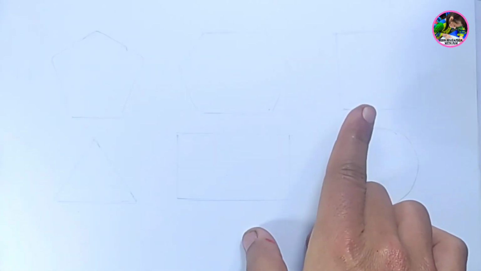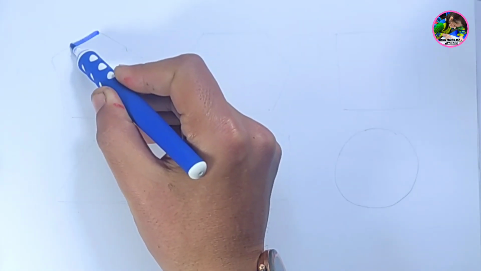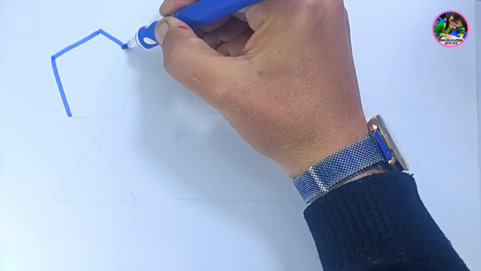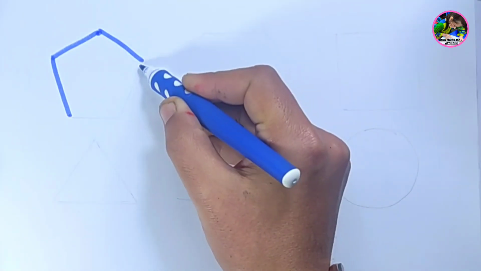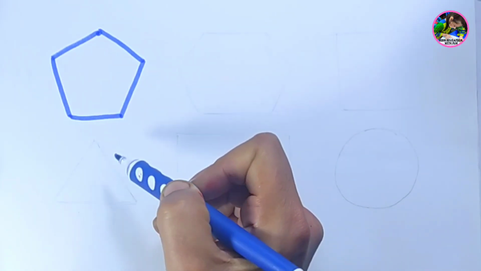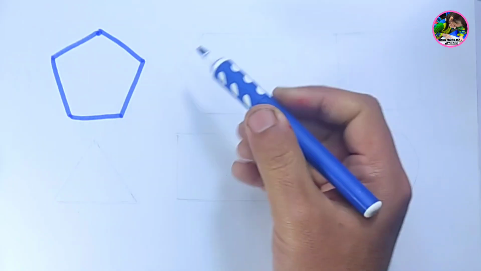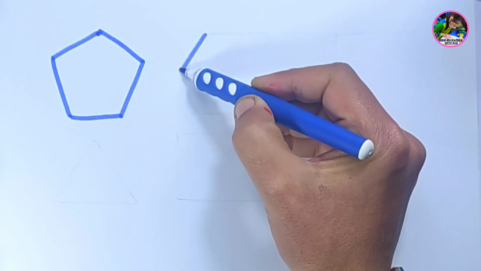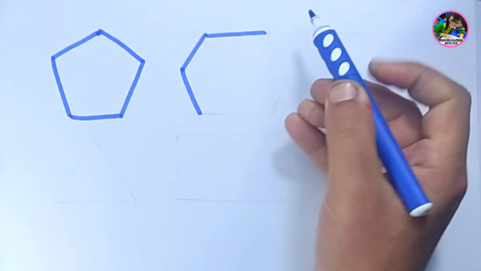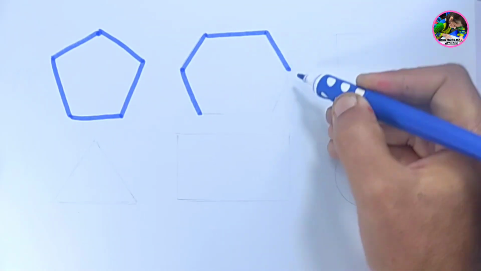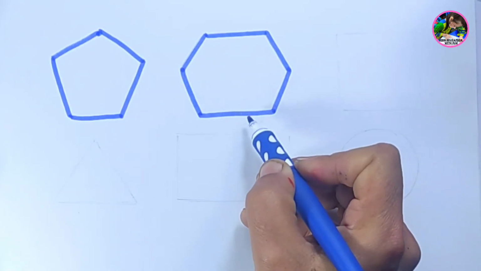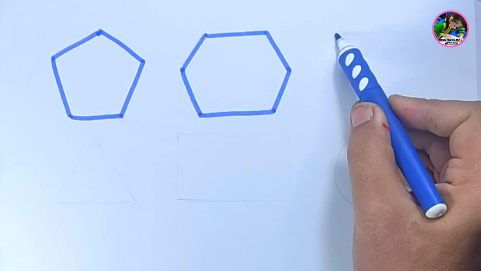Let's start drawing 2D shapes. Pentagon, 5 sides. Hexagon, 6 sides.